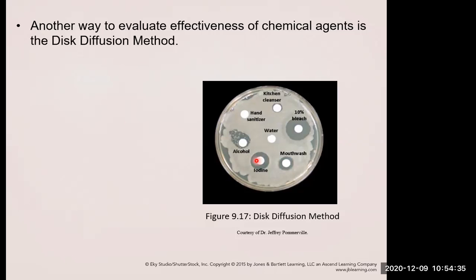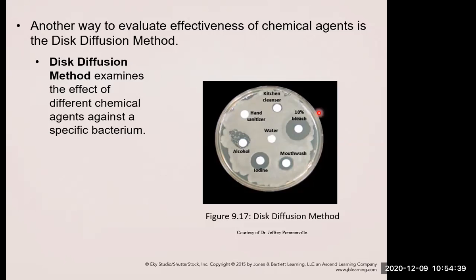Does this make sense? Yeah, pretty straightforward. So if you ever get stuck in this whole class, any science class, just break it down according to the name. Disc diffusion. You have a little paper disc, the chemical diffuses out of it and will kill something.